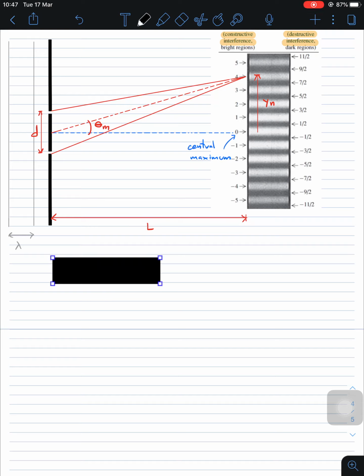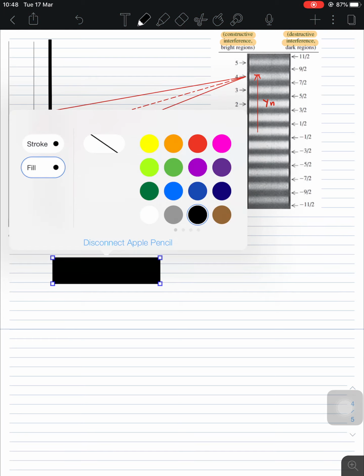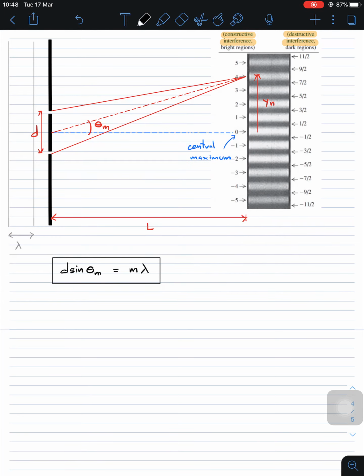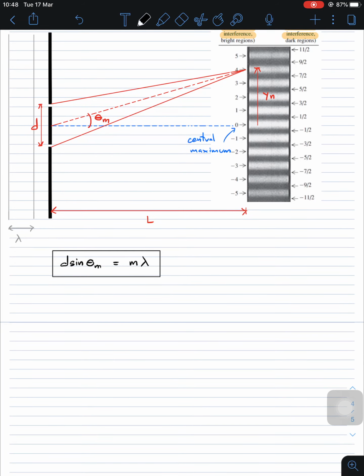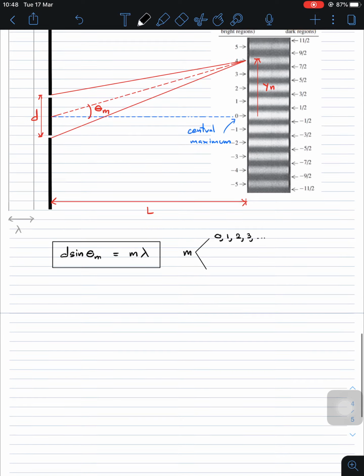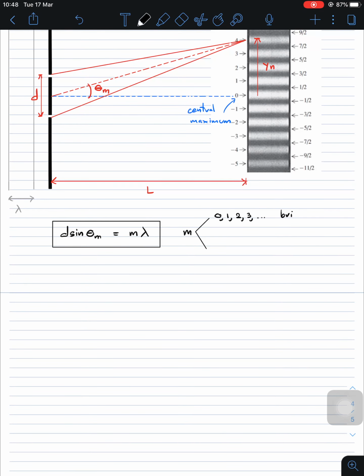We have this equation, d sin theta_m = m lambda, where m equals 0, 1, 2, 3, etc. This is for the bright fringe.